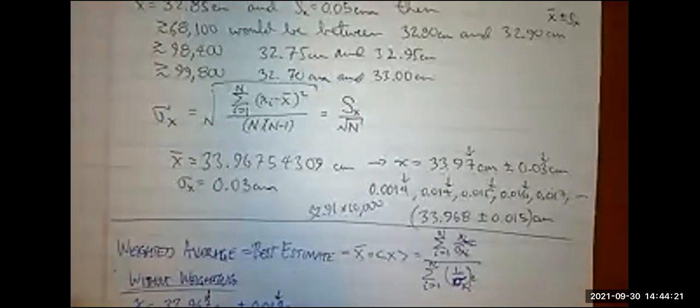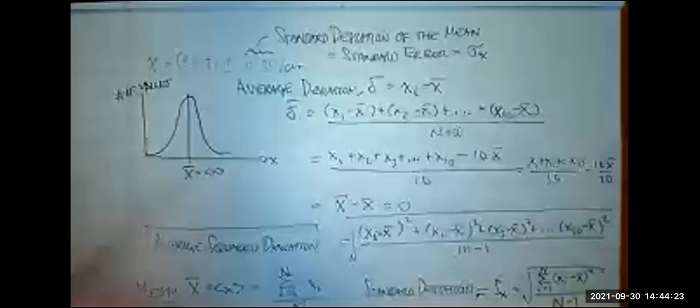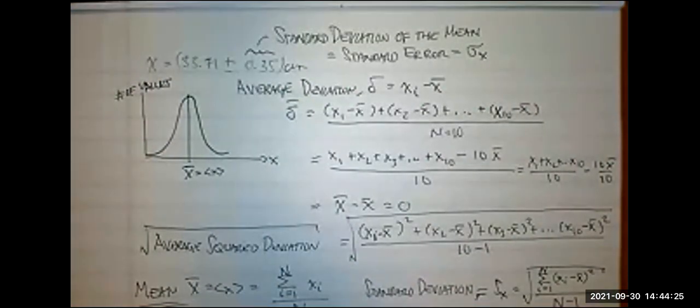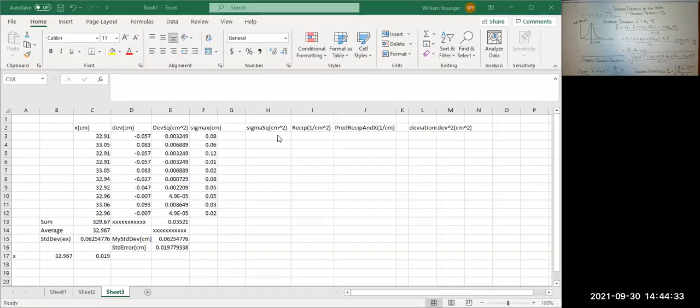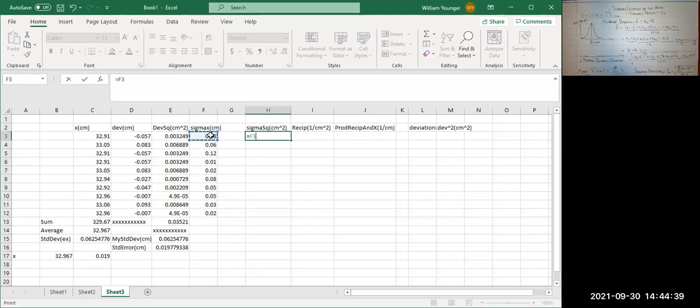Now I'm going to do the part with weighting. We're almost done, don't worry. Go back to sharing the screen. Okay, so now let's take into account the actual weighting. Well, I'm going to take the sigma and I'm going to need to square it. So I'm going to say equals this quantity raised to the 2 power.